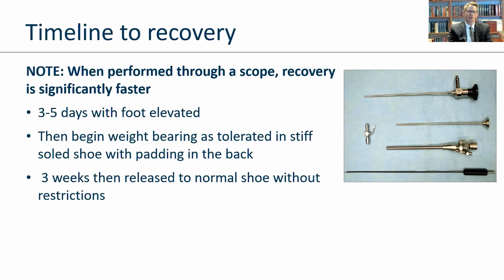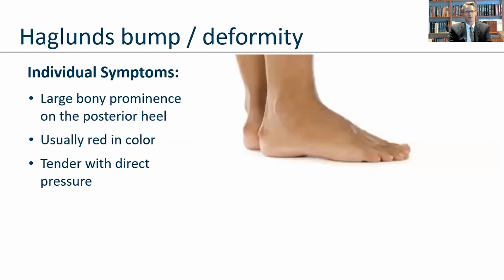Because we don't have to pull off the Achilles tendon, the recovery is significantly faster. Basically, it's taking the soft tissue mass that's on the back of the heel and we remove that. Done through the scope, pretty quick as far as recovery-wise.